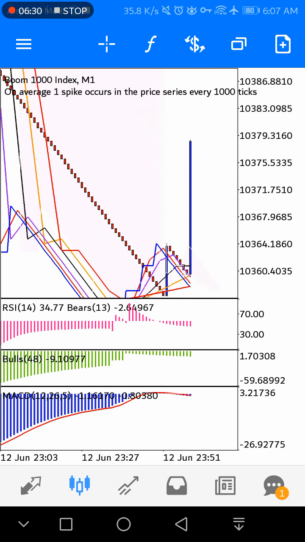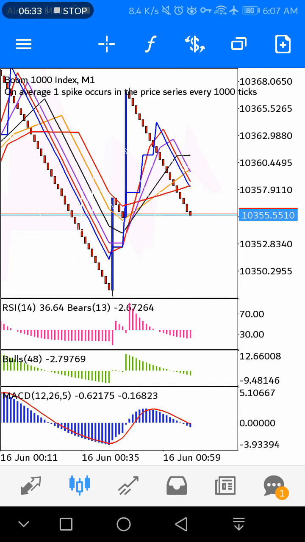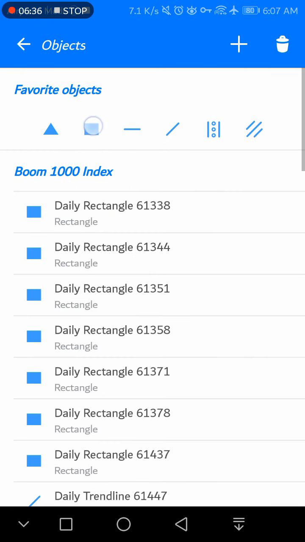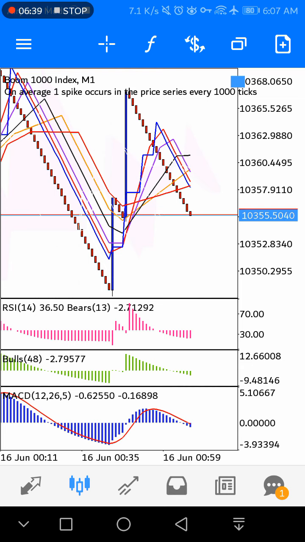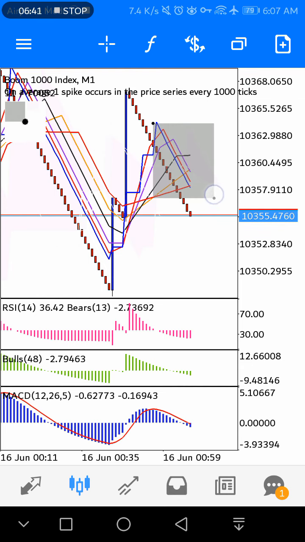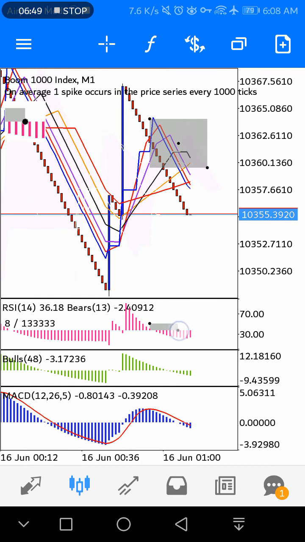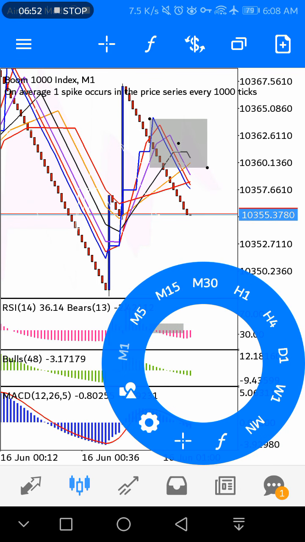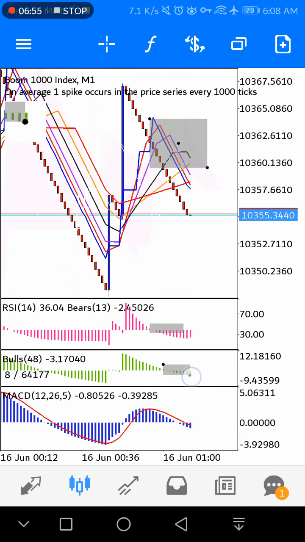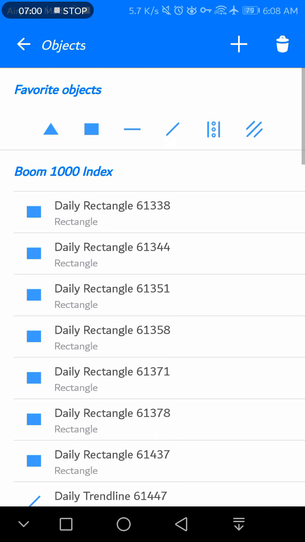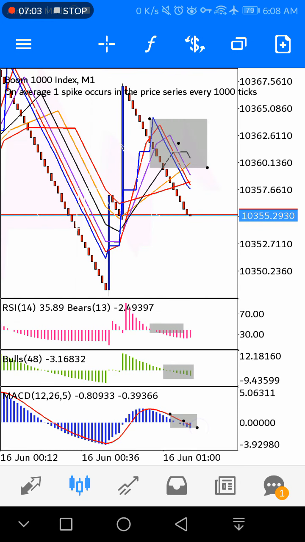Look here, guys, now it's time to see a live example. The moving averages have all crossed each other, and here the bears power is going downward, the bulls power is going downward, and the RSI is going downward.